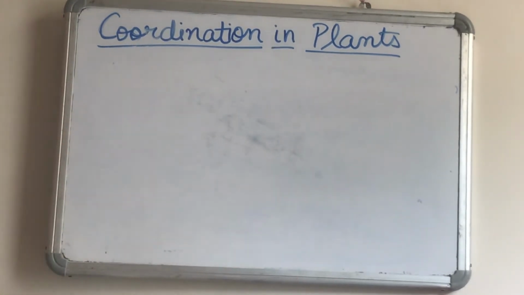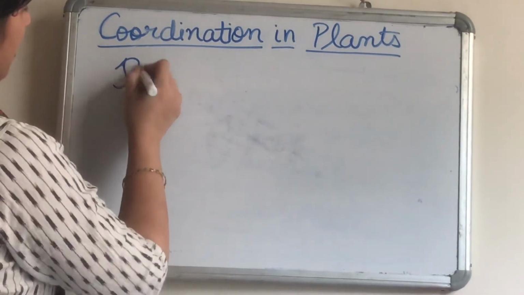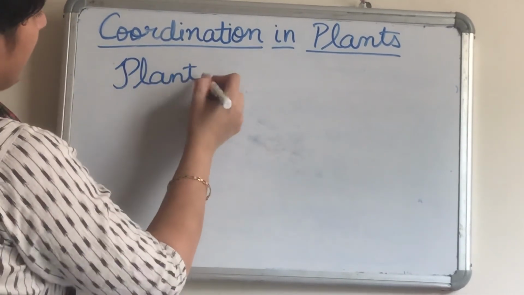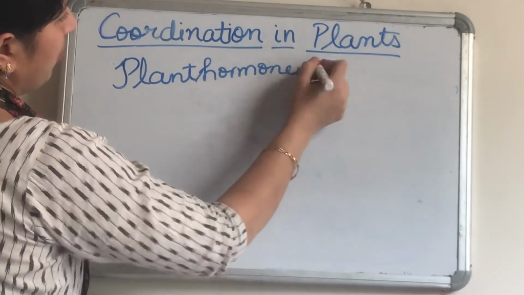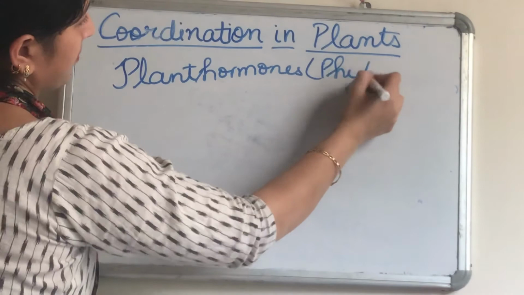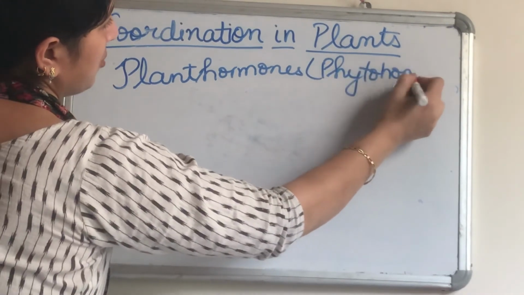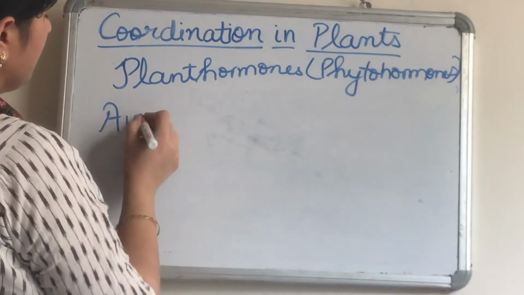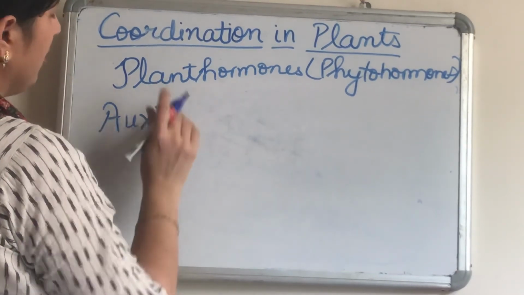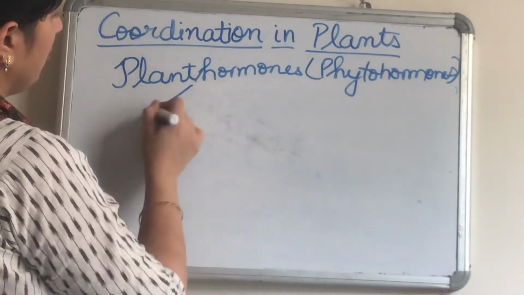Okay. Now we come on to the topic of plant hormones or phytohormones. We call plant hormones phytohormones. We will discuss them one by one, each and every phytohormone. First one is the auxin. So plant hormones we have also divided into two parts.